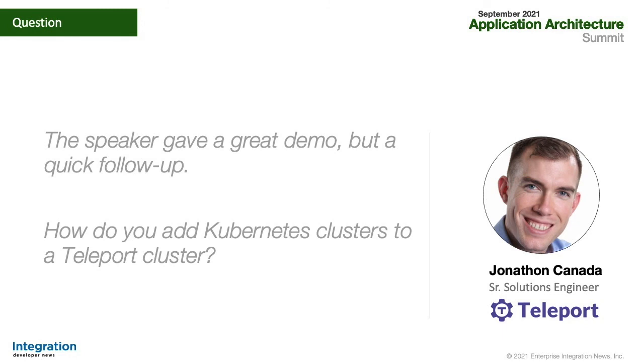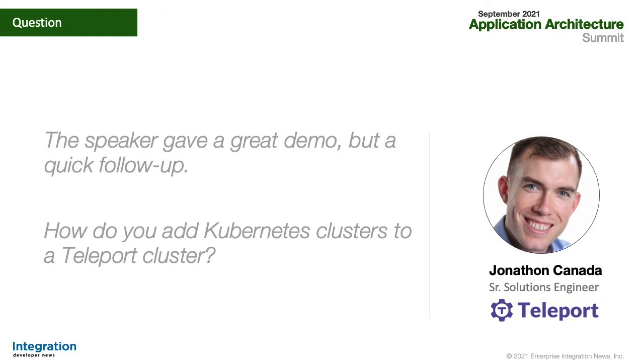Once you have that Teleport cluster set up, when you install the Teleport agent into your Kubernetes cluster, it's installing a Teleport pod into your Kubernetes cluster. That pod will then establish a reverse tunnel back to your Teleport proxy.